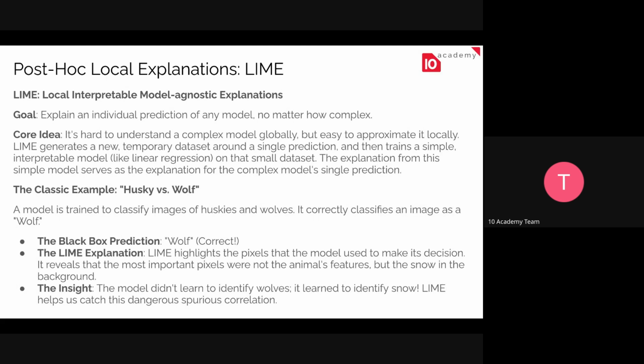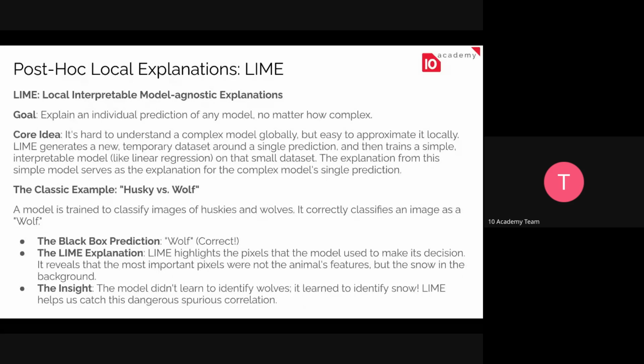LIME is short for local interpretable model-agnostic explanations. It's going to explain the individual predictions of any model, no matter how complex it might be. The core idea is actually very interesting. It's hard to understand a complex model globally, but it's easier to approximate it locally.